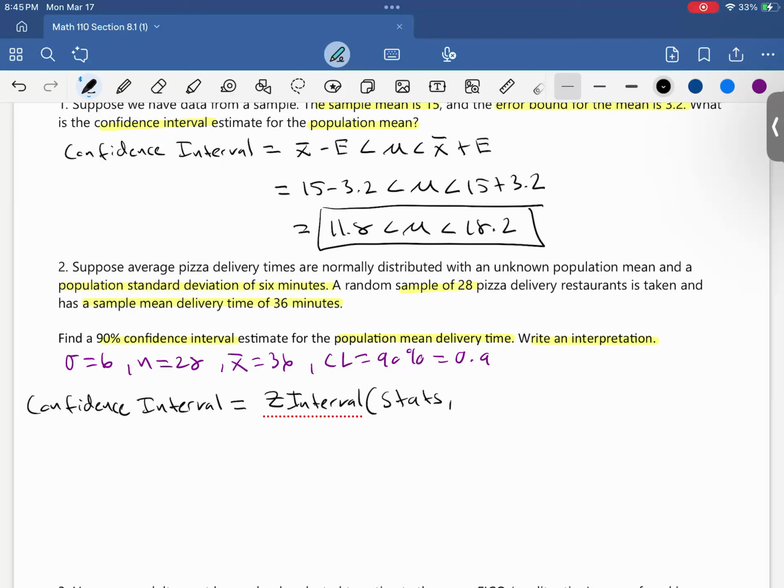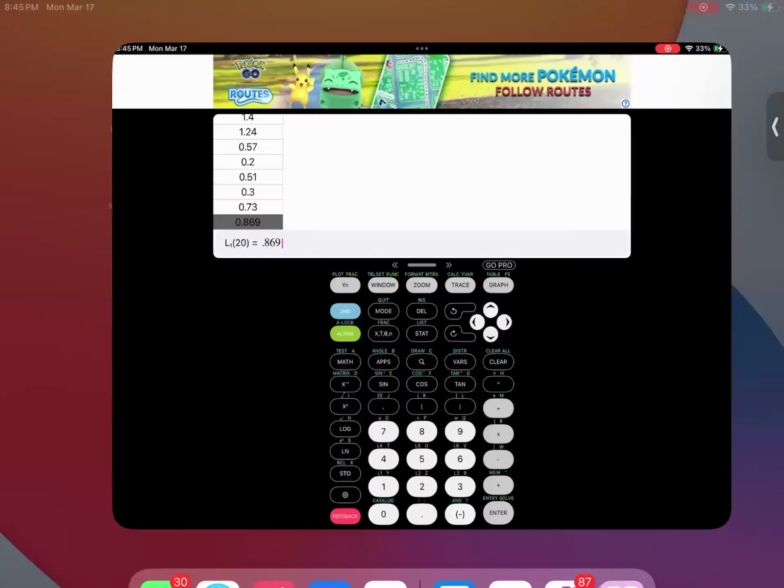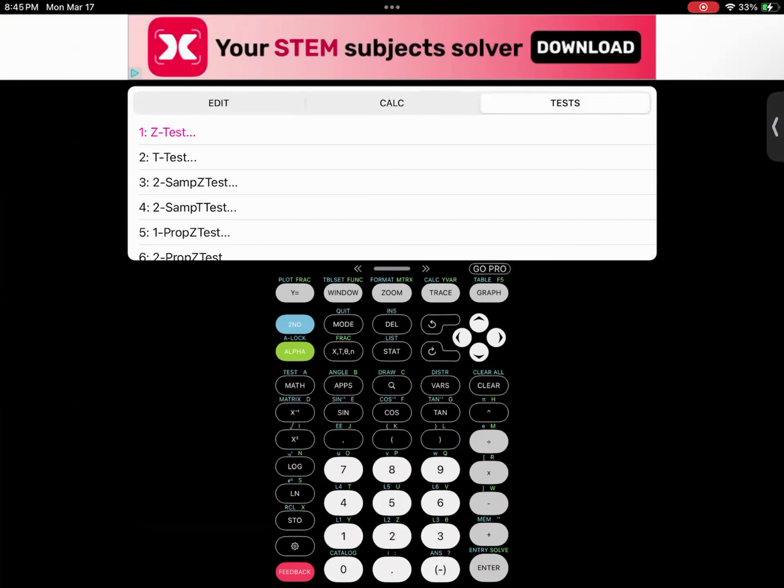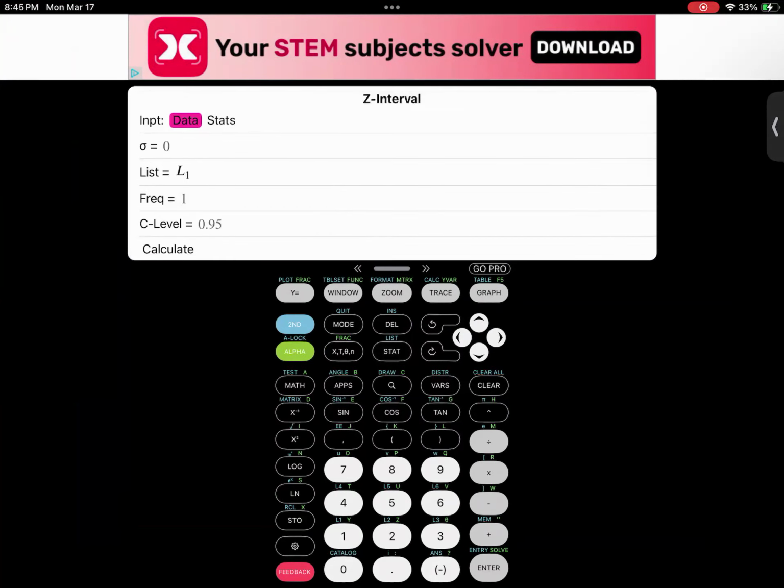But let's jump to our calculator and input this information in to get our confidence interval. So we're going to go to stats, go to tests, and then Z interval. And we're using stats.